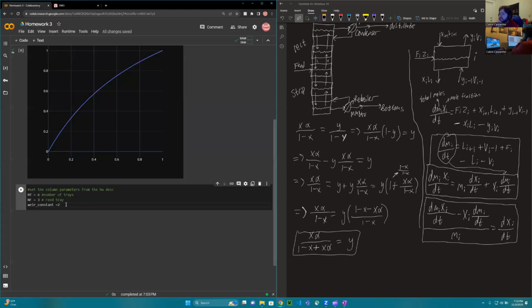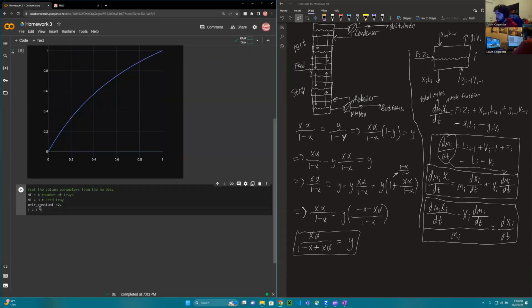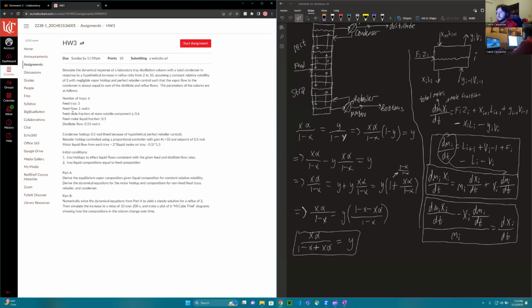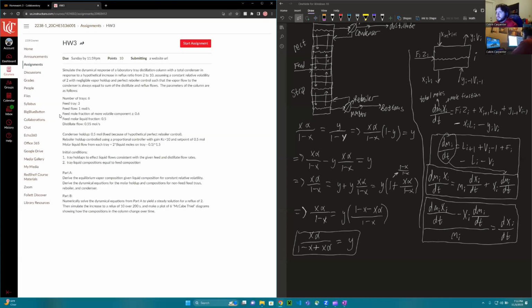Oh, I forgot that we set that to 2, just because we're assuming the weir constant is 2 right now. So F, and that's going to be our feed flow, is equal to 1. So this is feed flow. Okay, so I guess we'll name this ZF. It's going to be 0.6. And that's, I'll just copy and paste that. So ZF 0.6. And that's going to be this one right here.